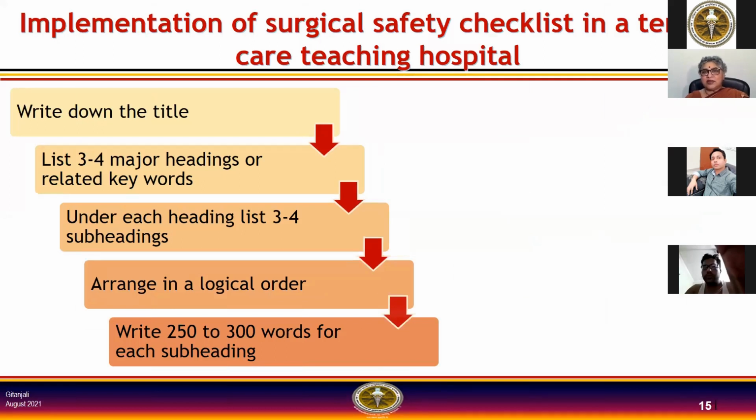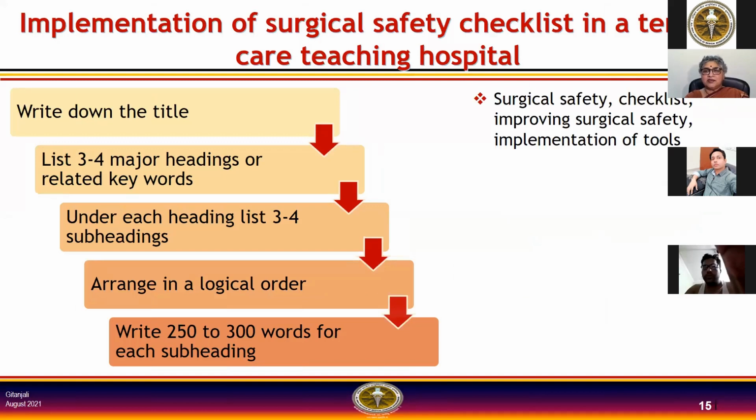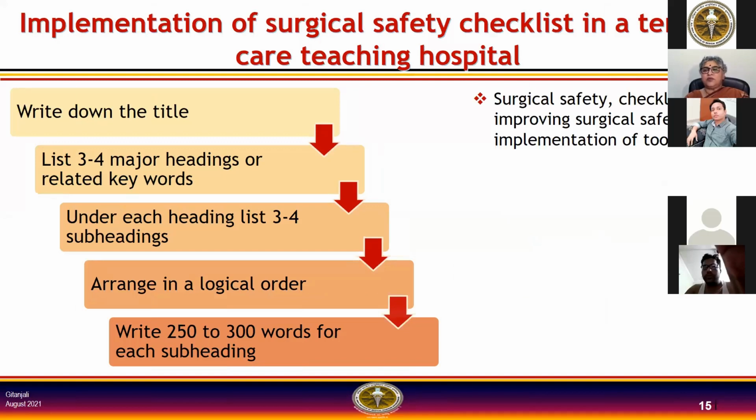We have written down the title. If you need to list 3 or 4 major headings or related keywords from this, it would automatically be surgical safety. It would be checklist, improving surgical safety, implementation of tools. It could be anything. You might write something different, but these would be the major takeaway from this heading.